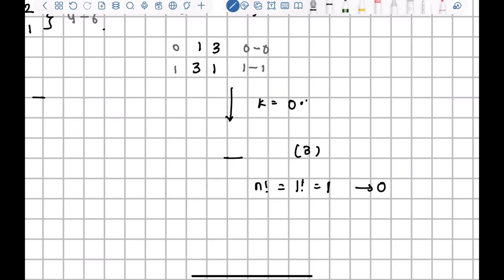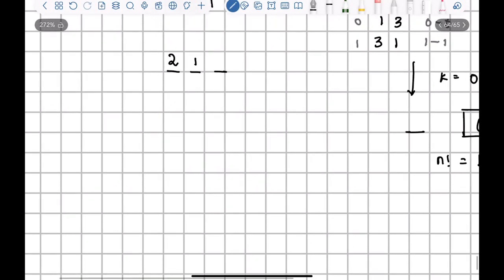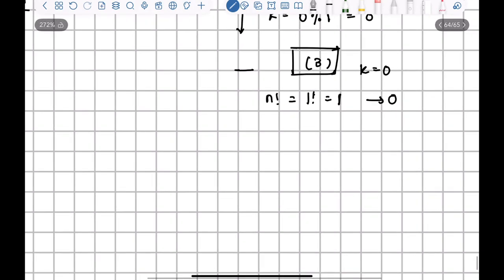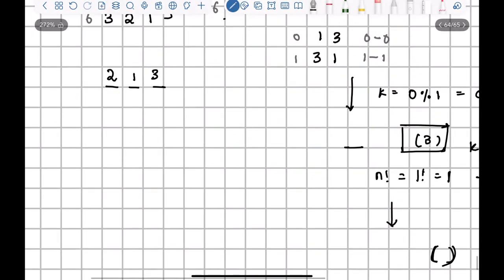K was 0 mod group size. 0 mod group size is 1. It is 0. Again our k becomes 0 here, and basically we just select this, we add it down here, and then again we go down. Our pool is empty. So we know that this is our answer.